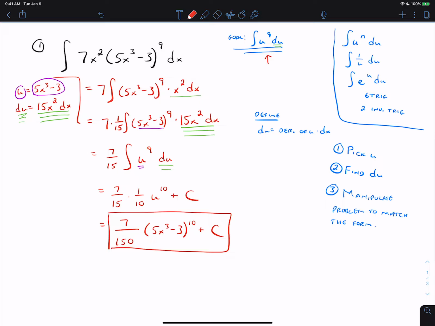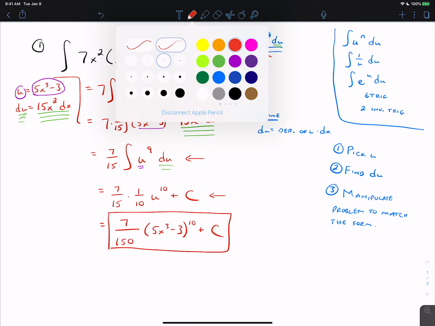The du goes away, like dx goes away when you apply an antiderivative rule. It's weird that that happens because du is 15x squared. There's a good reason for that, and we'll show that in a future video. But for now, when you get it to this form, this u to the ninth du, you apply the antiderivative rule. U is still there, but du is not. Then you replace u with whatever it was.